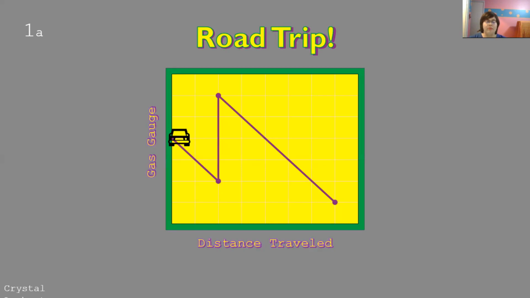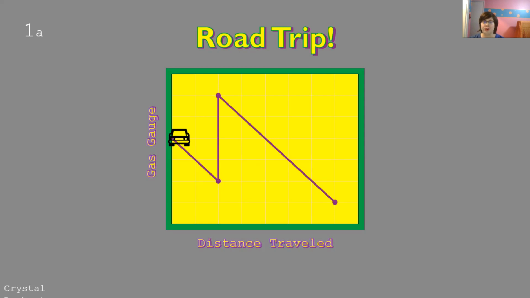So we jump in our car, and we didn't look at our gas before we started moving, but we didn't have a full tank. So we get in our car and we travel, and what you will notice, the further we travel in distance, the less gas we have in our car. Go figure. Well, we get down to this point and we decide to stop and get some fuel.